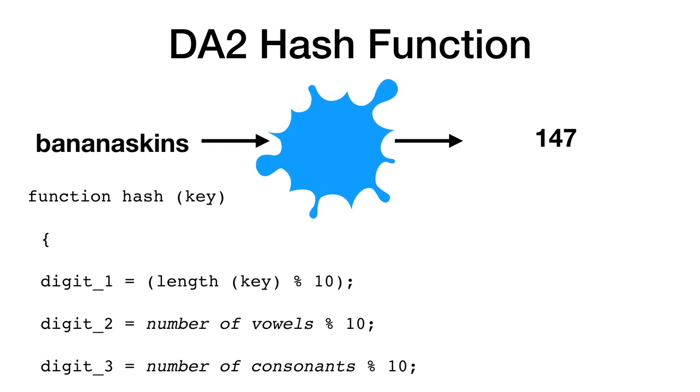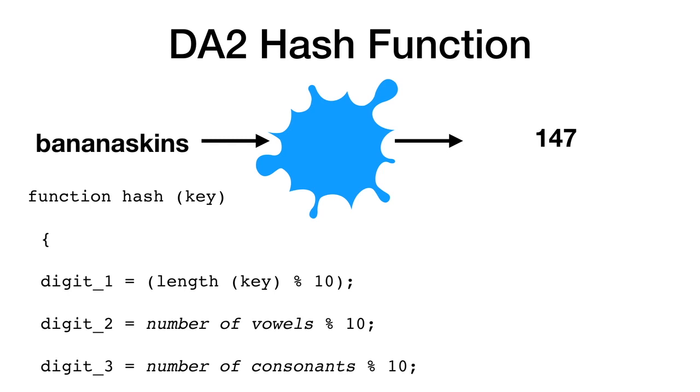So no matter what string you pass it, the output will be a fixed size. So it is a proper hash function. It's just not a very good one, but it is a hash function. And the first digit of the string will be the length of the key mod 10. So for example, if you give it a string that's 22 characters long, the first digit will be 2.